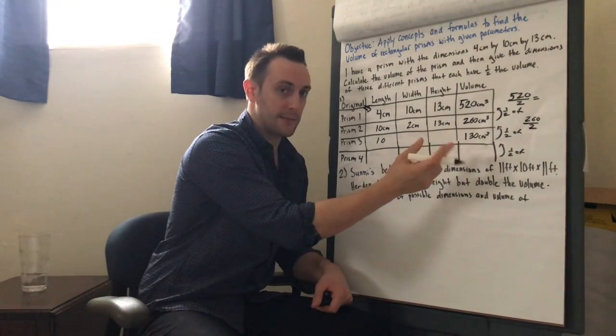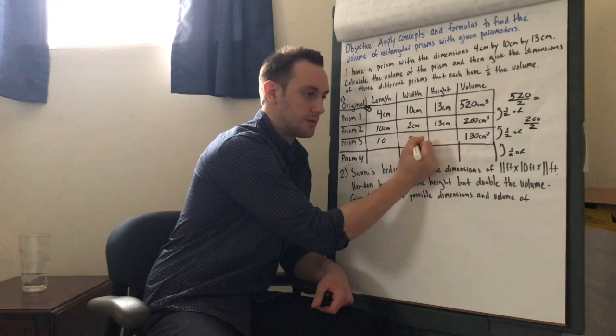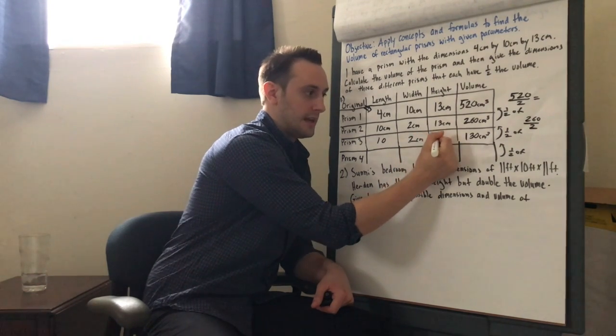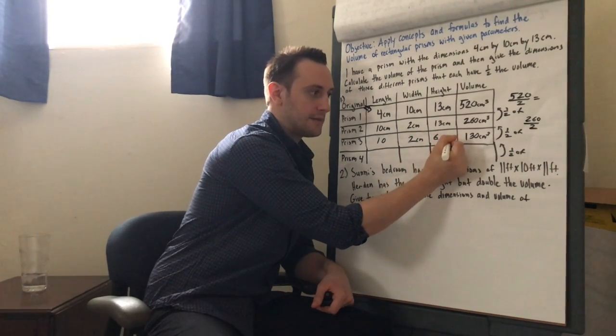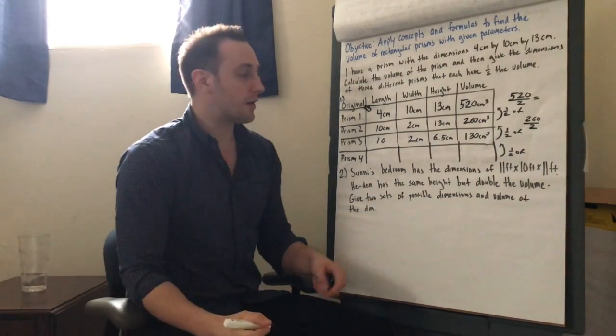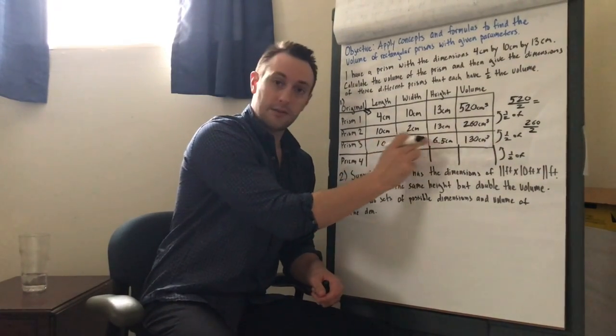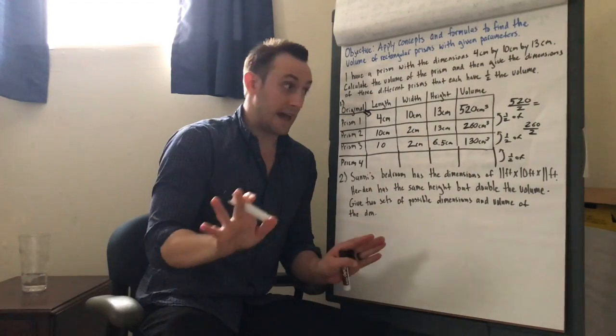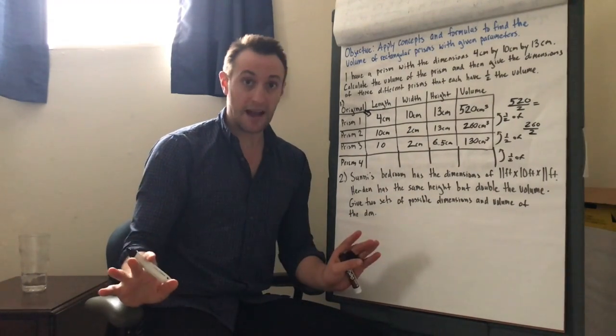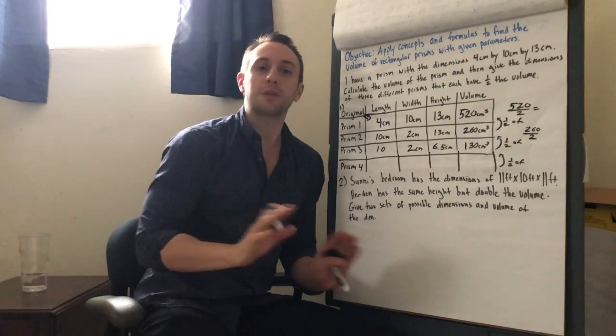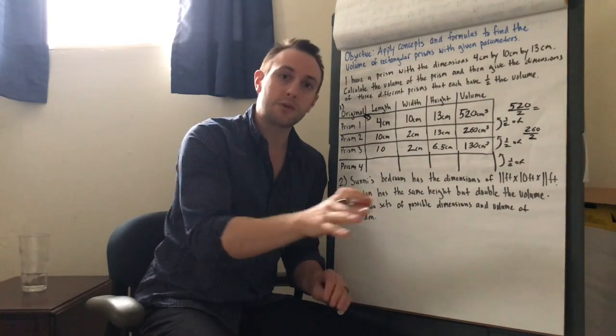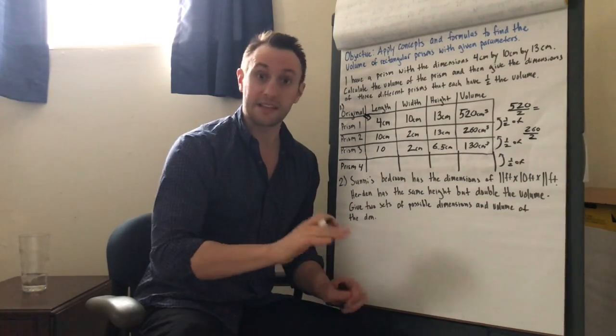If I do 13 divided by 2, I get 2, of course, and I'm going to get 6 and 5 tenths centimeters. Again, if you found another way, another 3 numbers, as long as it equals 130, you're correct. My way is not the only way of doing it. If you found a different way when you paused the video earlier, that works and it's fine.